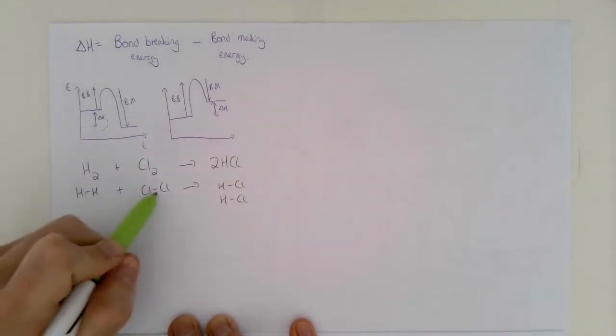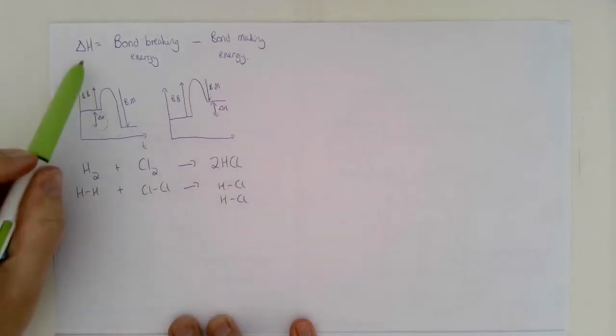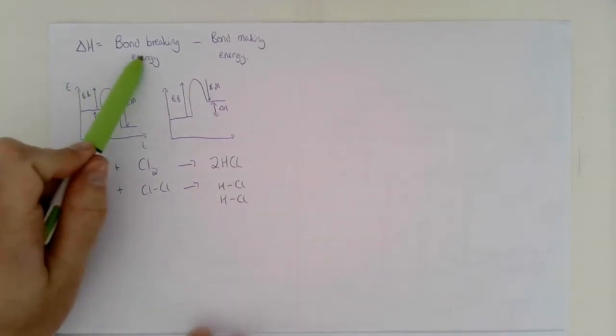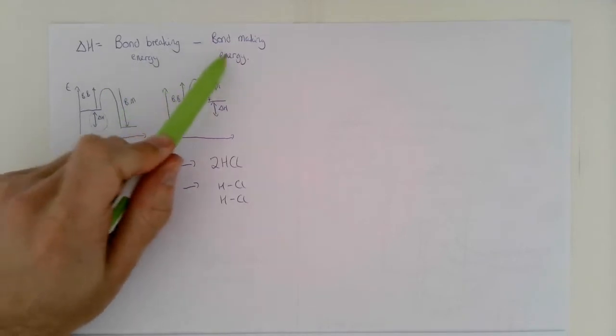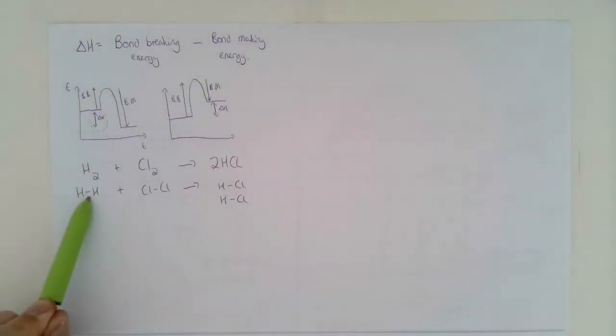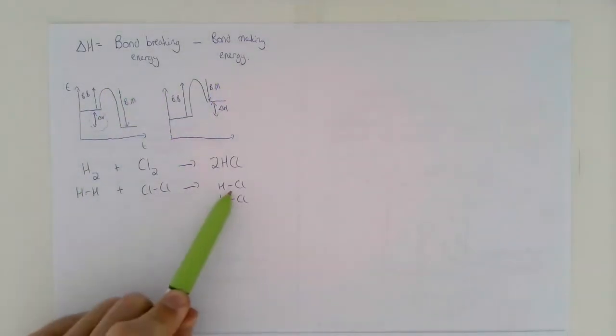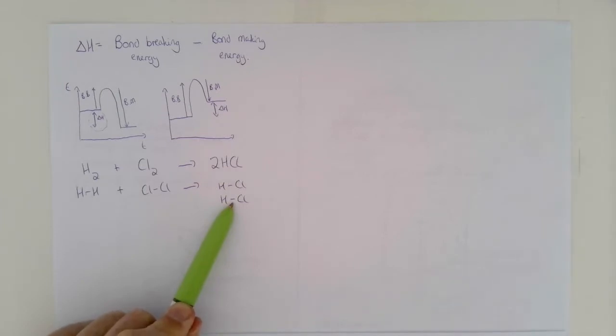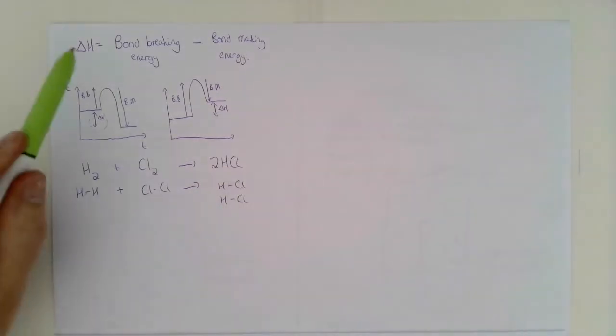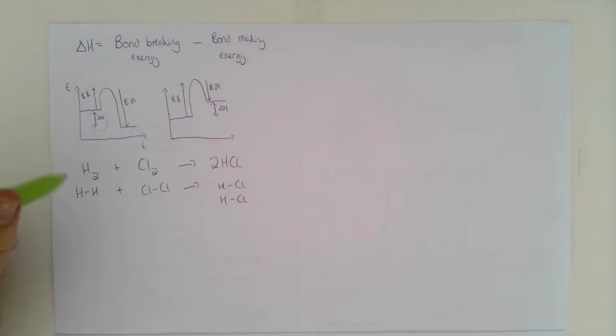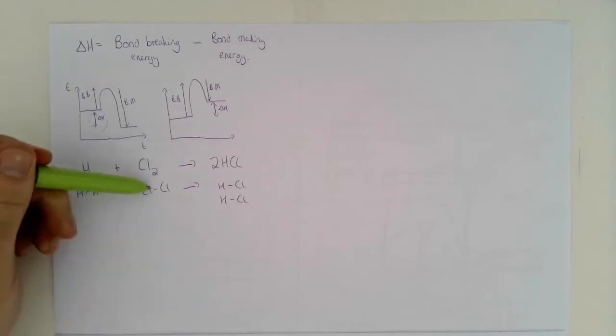So we had to break these bonds, and then we had to make these bonds. But if we want to work out delta H, we do bond breaking minus bond making, so the energy needed to break those bonds minus the energy released when making those bonds, and we'll get the delta H value.